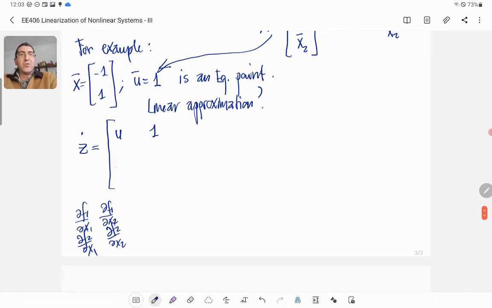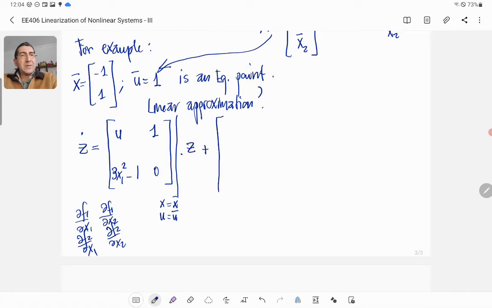And similarly, you get 3x1 squared minus 1 over here and 0 over there. Remember, I need to evaluate this at x equal to x bar and u equal to u bar, times z, plus again, remember what this is: df1 over du, df2 over du.